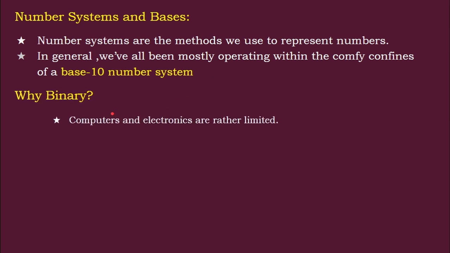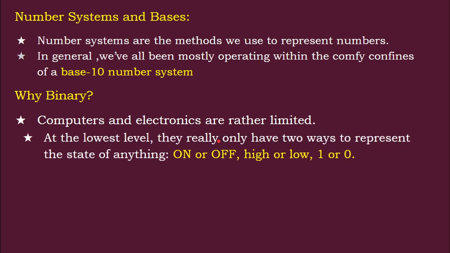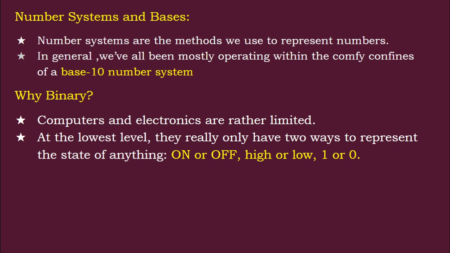And why binary? Computers and electronics are rather limited, so they cannot have the languages or the number system that human beings have. Since computers and electronics are limited, they have their lowest level of data. They really have only two ways to say anything: on or off, high or low, 1 or 0. So this is how the term binary comes. Binary means two state. The state may be either on or off, high or low, meaning 1 or 0.